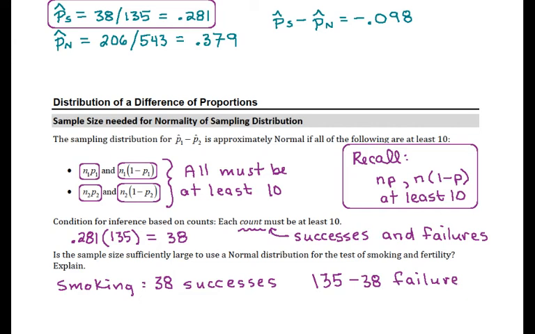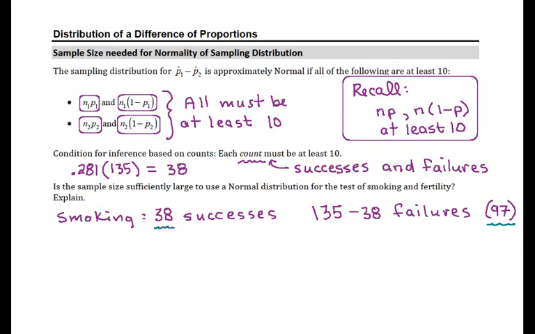And we can see that that is 97. So these two numbers are essentially the same thing that we would get if we actually calculated n1 p1 hat and n1 times 1 minus p1 hat.